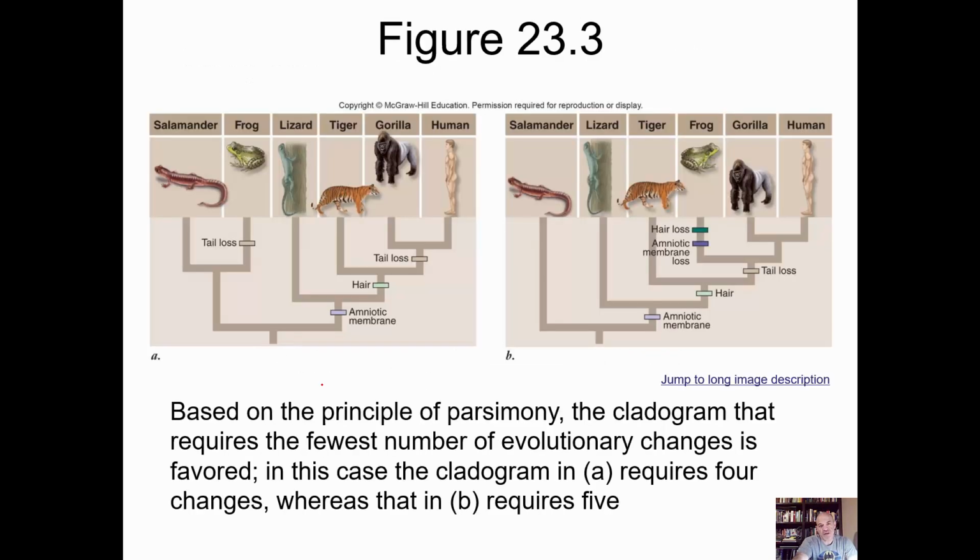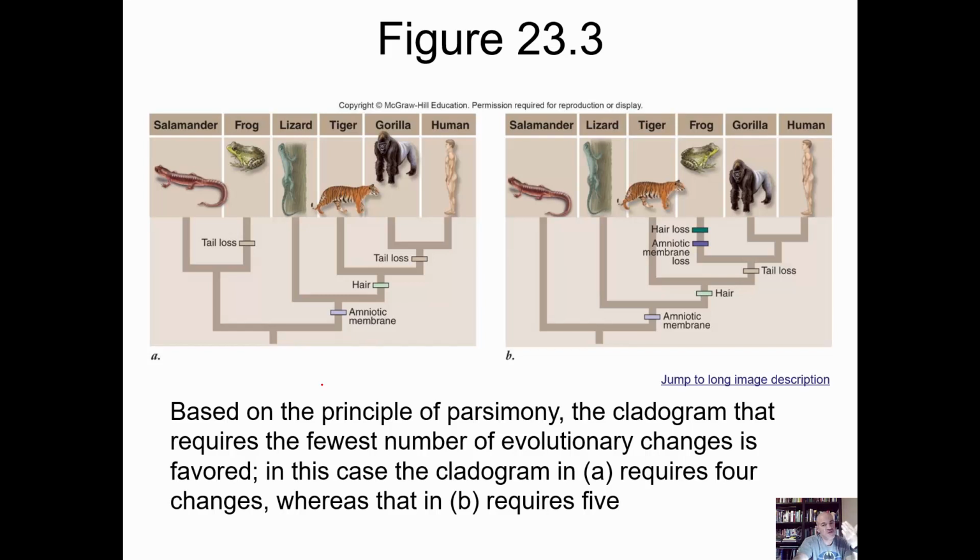This is illustrated here with the idea of tail loss, because frogs don't have a tail either, but frogs evolved in a group in which their distant ancestor had a tail. So the frogs lost their tail, it's a derived character, and humans and gorillas lost their tail too. So we could propose two different phylogenies, displayed here in these two cladograms.